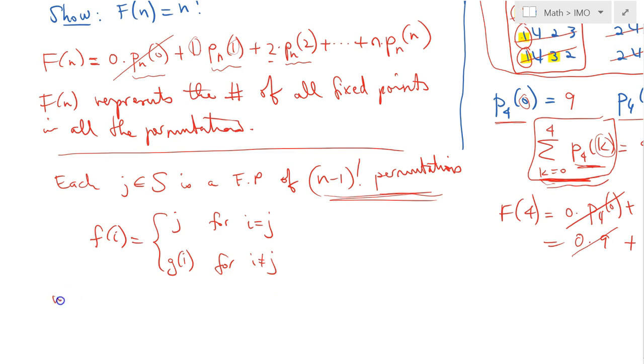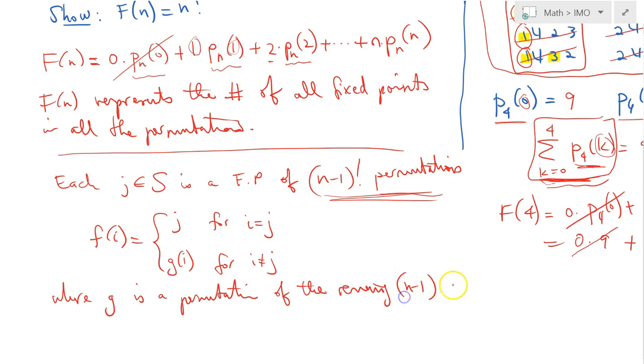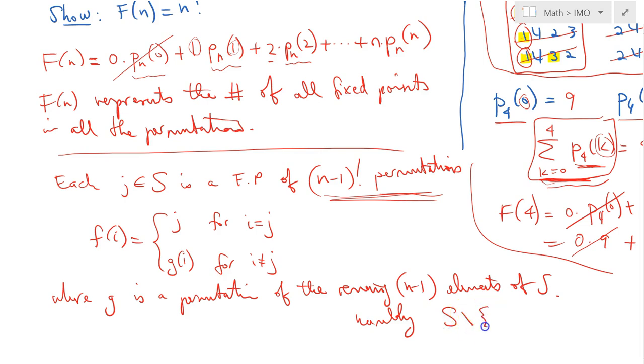So g is a permutation of the remaining n minus 1 elements of S, namely S minus j, right? So you just simply remove the element j from the set.